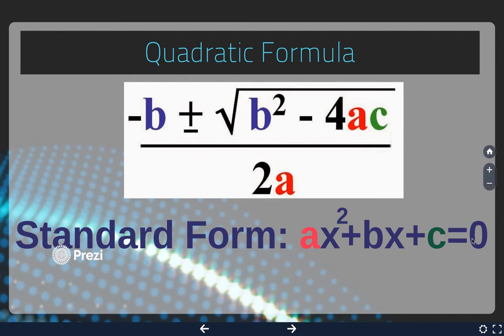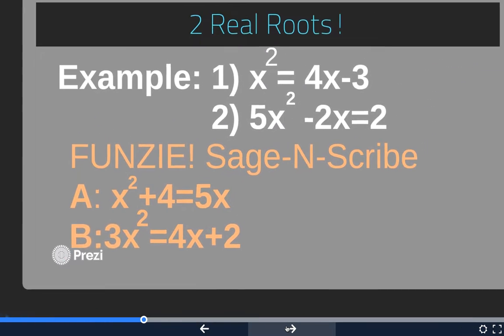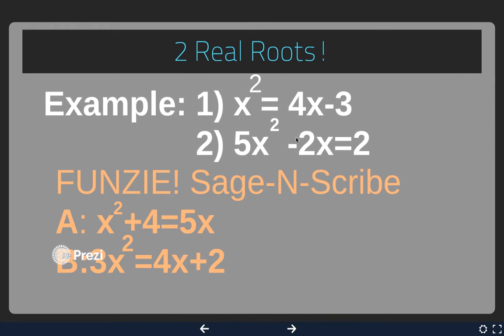Now, one more tidbit before we keep going. When we use the quadratic formula, your equation must equal 0. It has to. If it does not equal 0, you have to move everything over to one side to make it equal 0. So for the first two example problems we see here, you will get 2 real roots, so we will have 2 solutions.